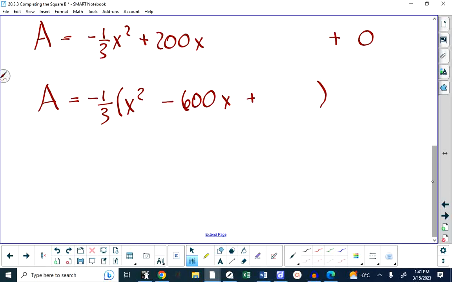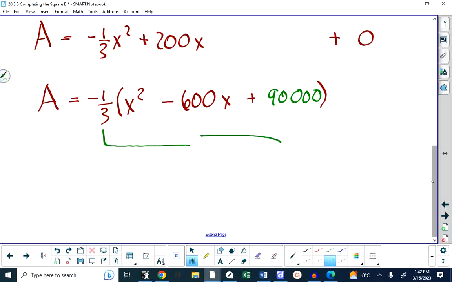I really want to say 22500. No. Don't even try to figure out where I got such a number from. Half of 600 is 300. 300 squared is 90,000. What do I do here?